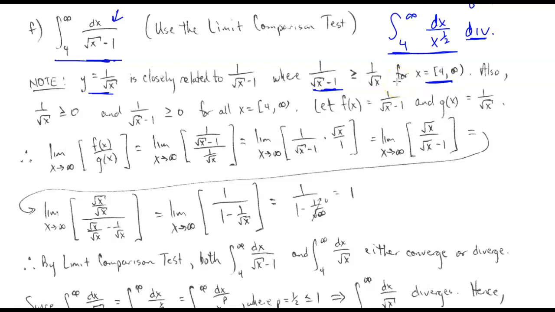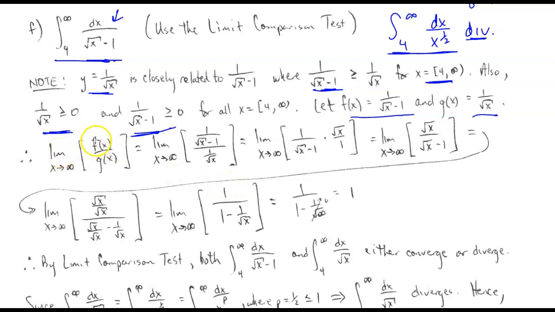Okay. So we also know that both of these functions here would lie above the x-axis. Well, really it should be above the x-axis for values of x that are greater than or equal to 4. And so because of that, this automatically meets the conditions for the limit comparison test. Okay. So here we can let f of x be our original integrand and g of x be the closely related function.